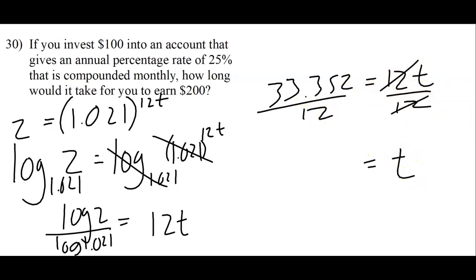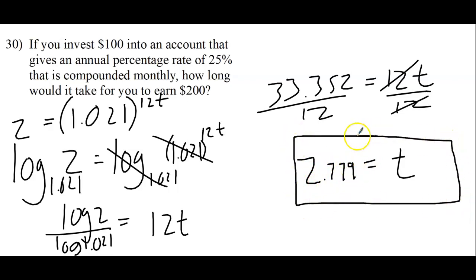And that will give me my final value there, which is 2.779, and that would be years. So it would take that long for $100 to turn into $200 with an annual percentage rate of 25% compounded monthly. That takes a long time just for $100.